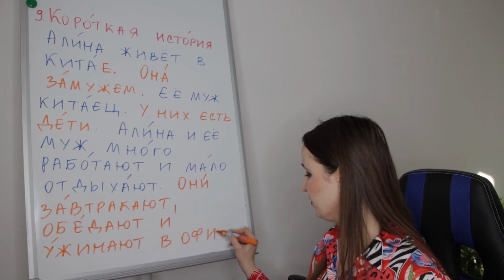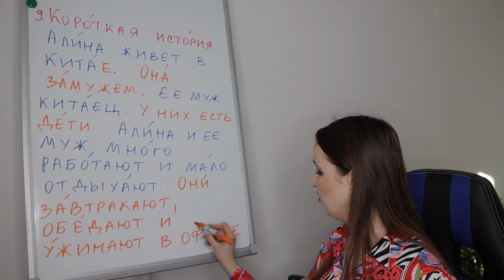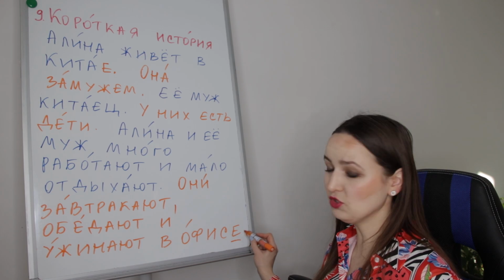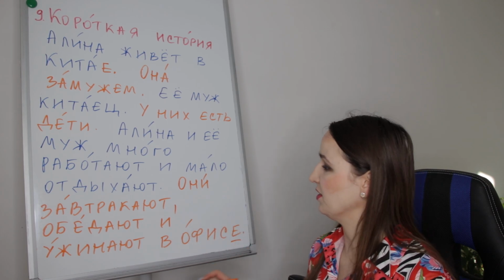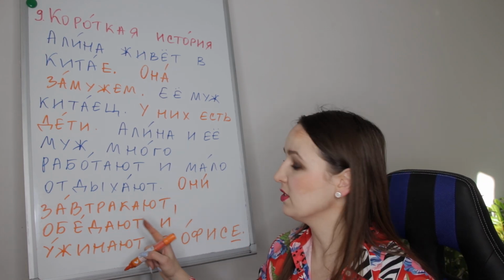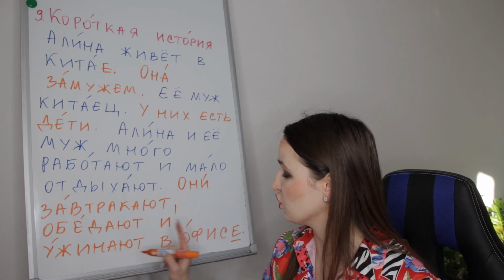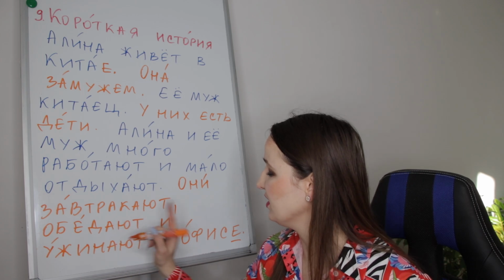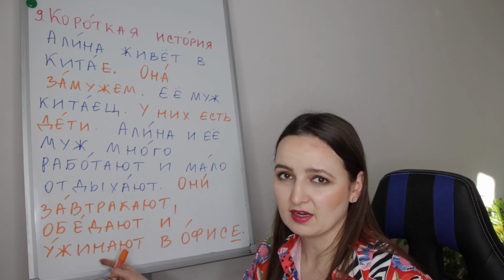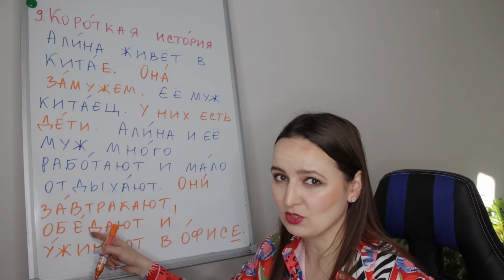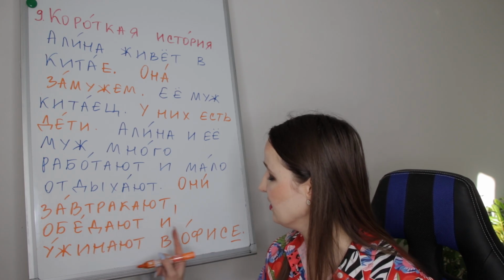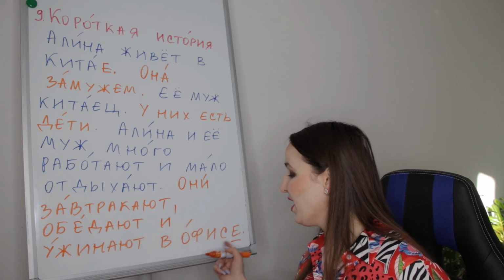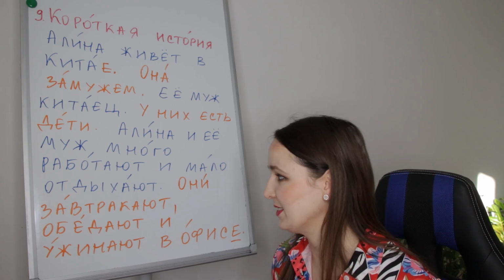Where? At the office. В офисе. I added е here to make this noun prepositional. Они завтракают, обедают и ужинают в офисе. They have breakfast, lunch and dinner at the office. Where? At the office, в офисе.